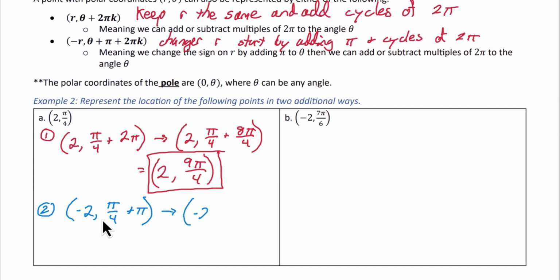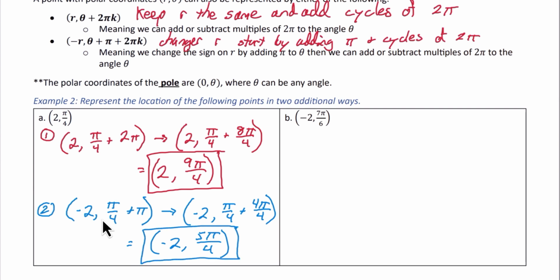Again, we'll need to get an equivalent denominator. So π/4 plus 4π/4. This is (-2, 5π/4). So we have, yet again, an alternate way to write that exact same point.